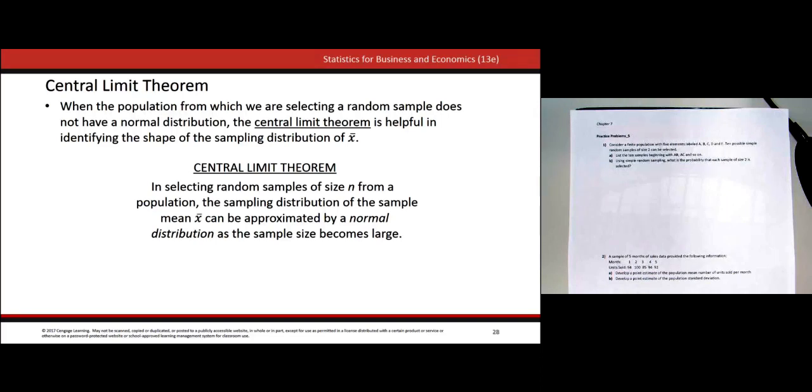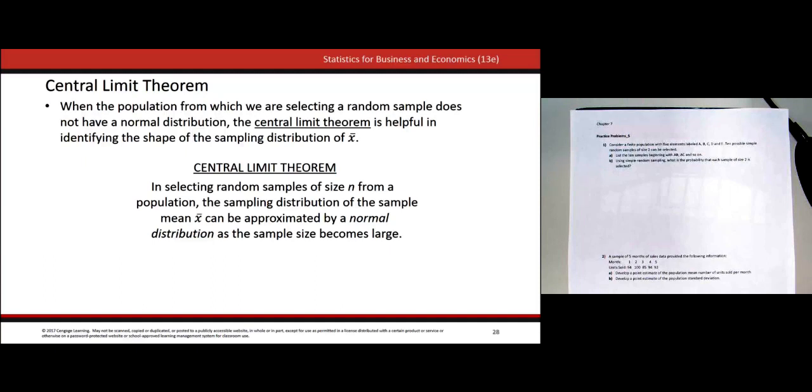But we may not know the population distribution, or the population may not have a normal distribution. The population may have some other distribution. Then how do we know the shape of the sampling distribution of x bar?